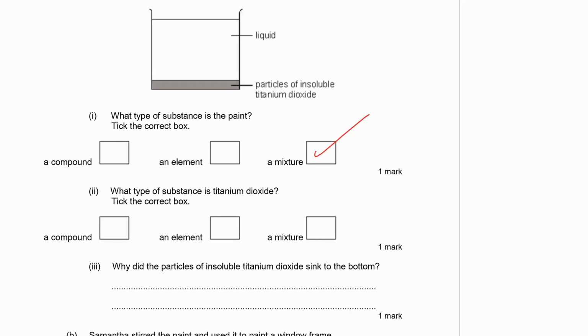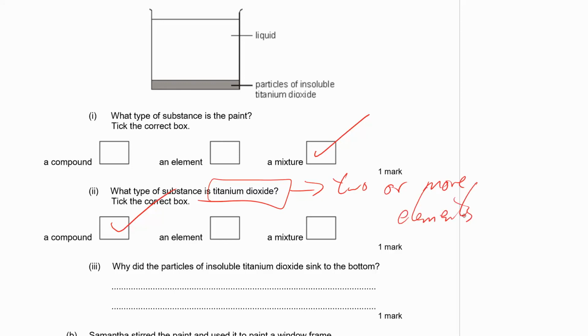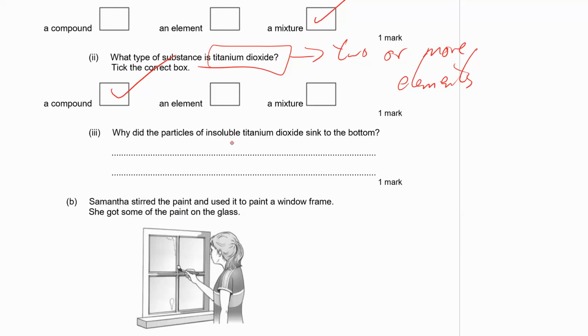What type of substance is titanium dioxide? It is a compound. It has two or more elements. Why did the particles of insoluble titanium oxide sink to the bottom? You could have put they are heavier, or they are denser than the liquid.